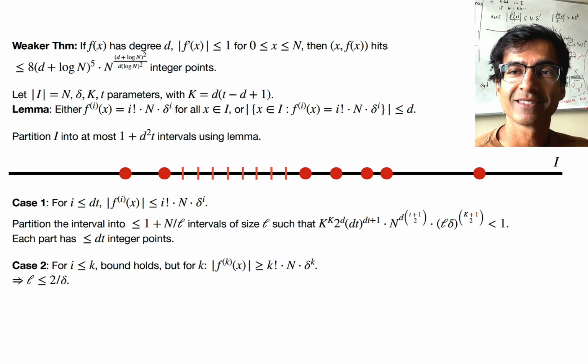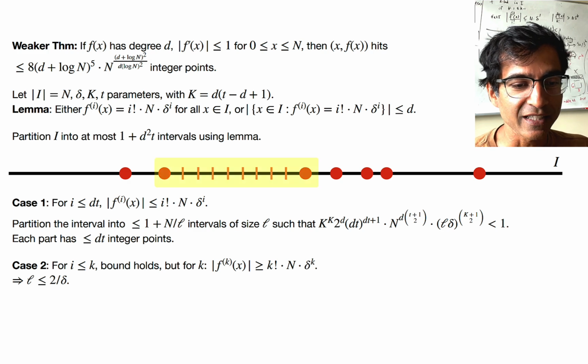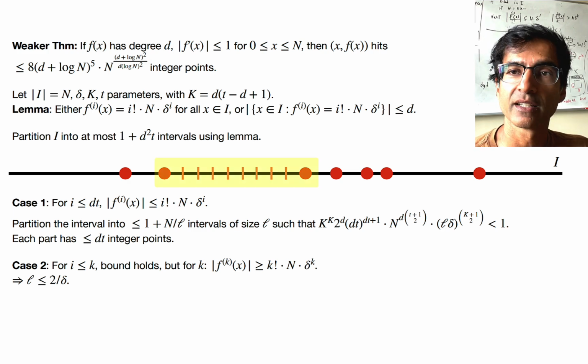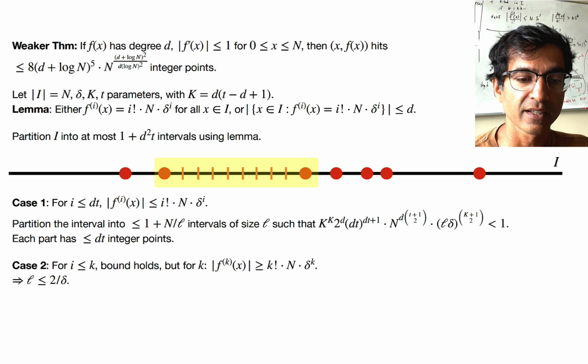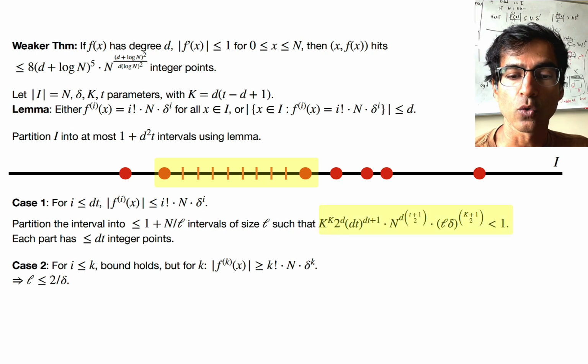And that means, if you're in the first case, so suppose you find some long interval where the first case applies, then pick the parameter L so that this inequality holds. This is the inequality we needed to bound the determinant.